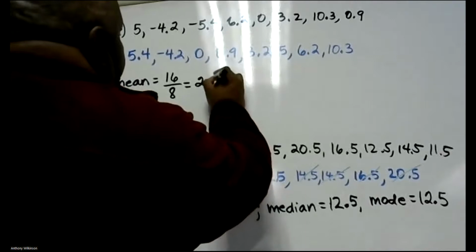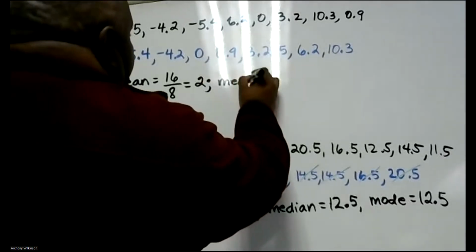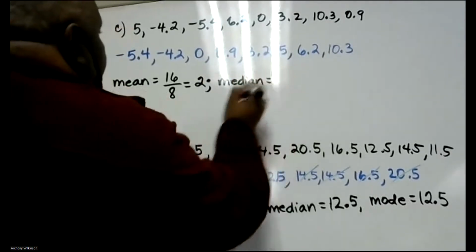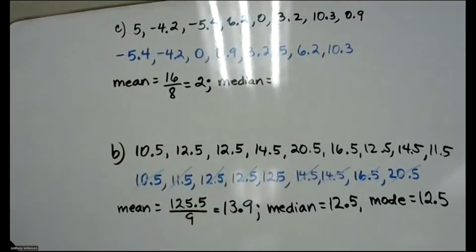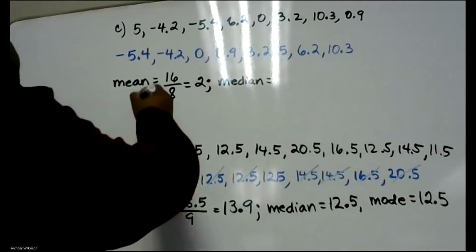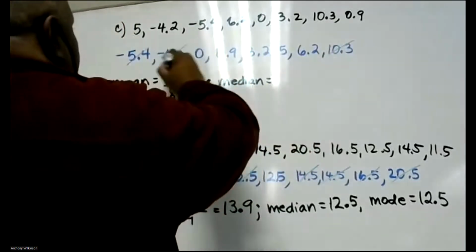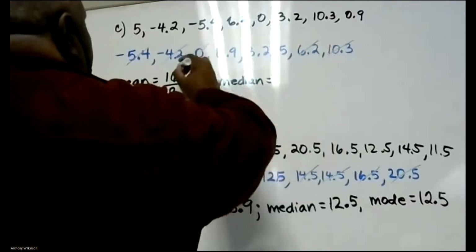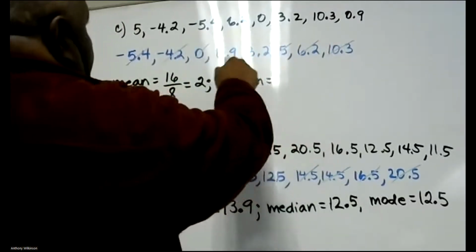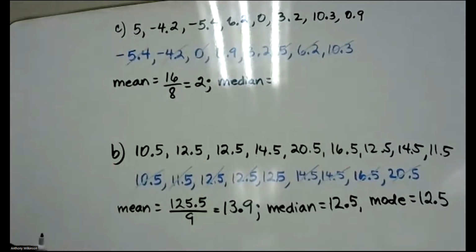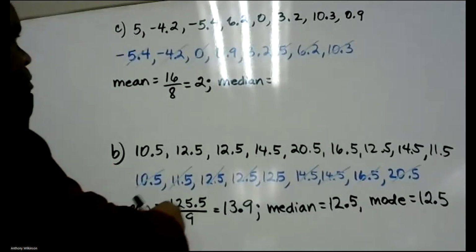Now for the median. That's going to be the middle number of this data set. I cross off the numbers on the ends. Here I got two middle numbers, 0.9 and 3.2.